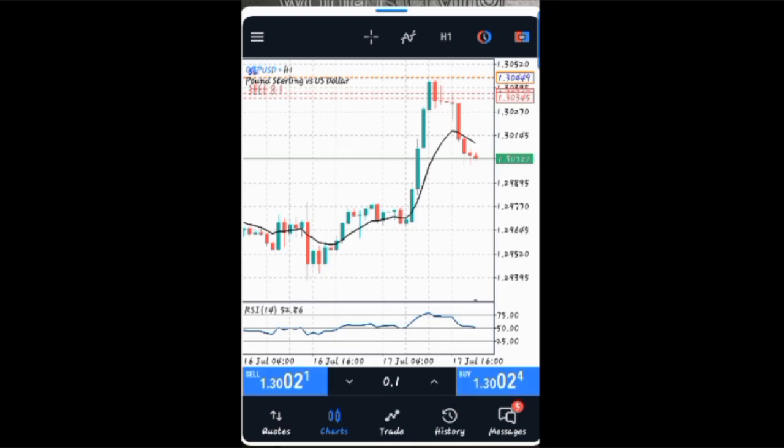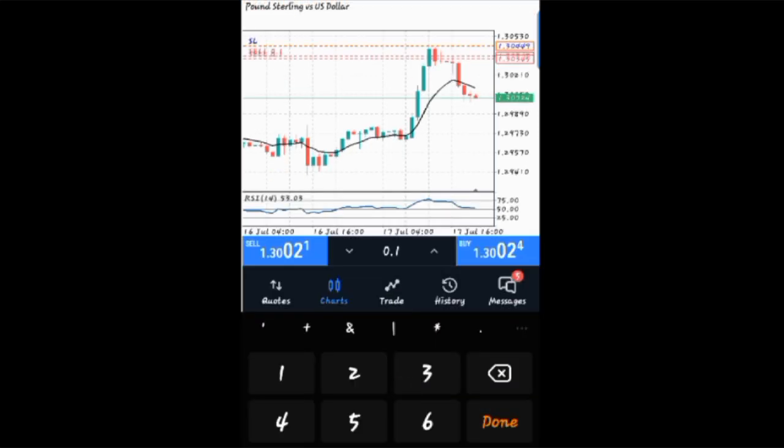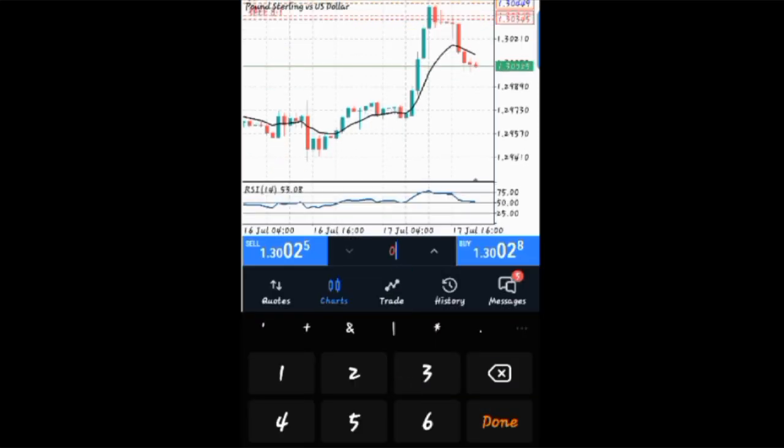For instance, if I click here to type my lot size, I cannot enter 0.099, so I have to approximate it to 0.10. Instead of 0.099, I have to increase it to 0.10.